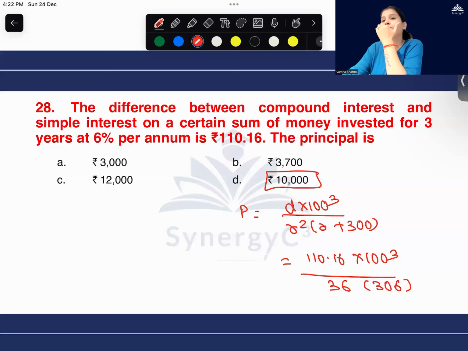Everyone got the answer? Rishabh? Ashraf? Correct.